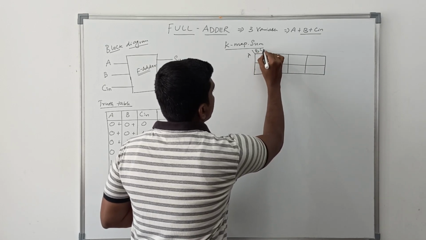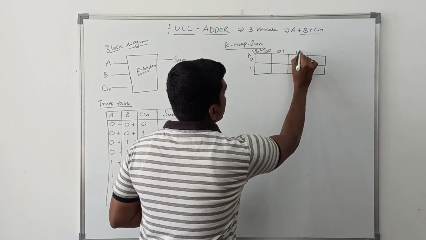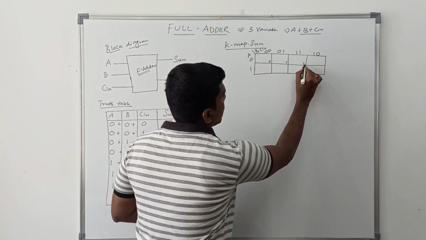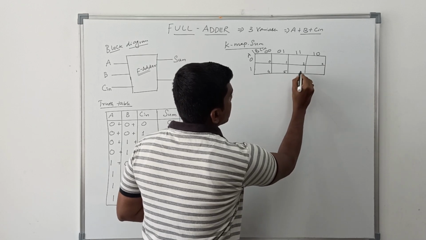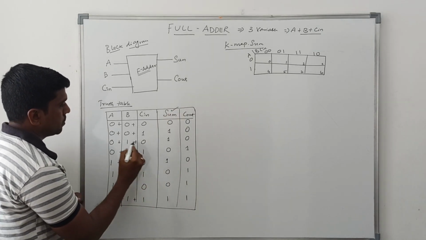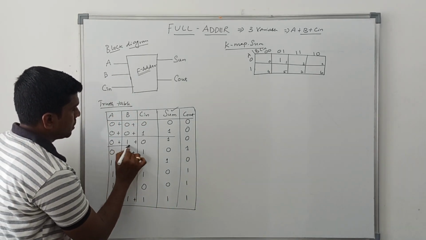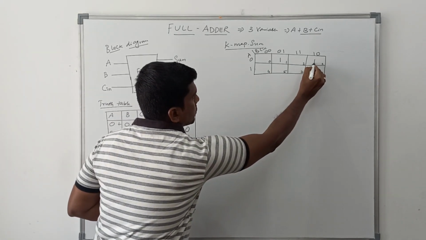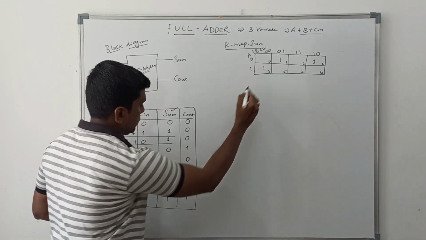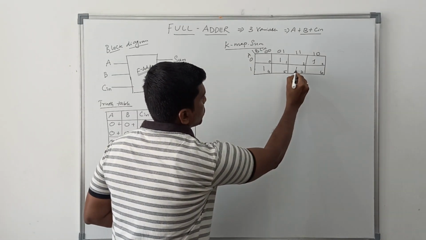A, B, C in, with 0, 1, 0, 0, 0, 1, 1, 1, 1, 0. Then cell numbers 0, 1, 3, 2, 4, 5, 7, 6. Let me consider sum. First cell place 1, then second cell place 1, fourth cell place 1, then seventh cell place 1.